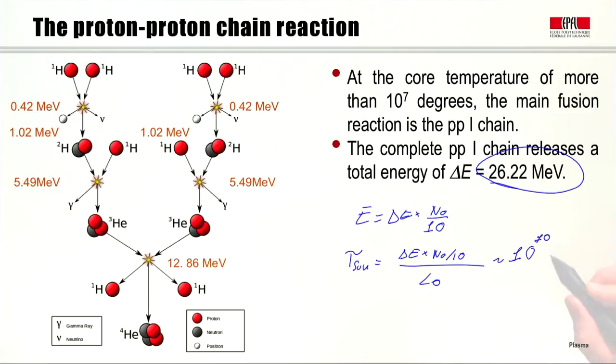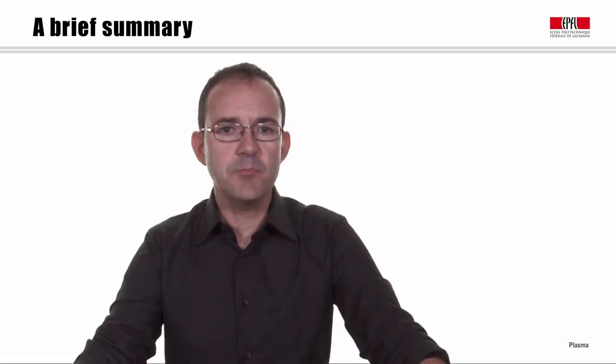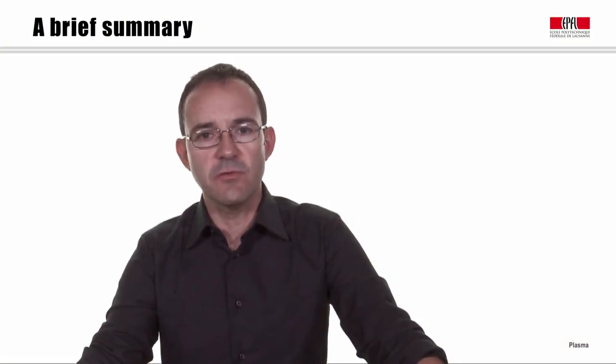We end up with approximately 10 billion years, telling us that the present Sun is roughly halfway through its hydrogen burning phase. Let me briefly summarize what we have done so far.